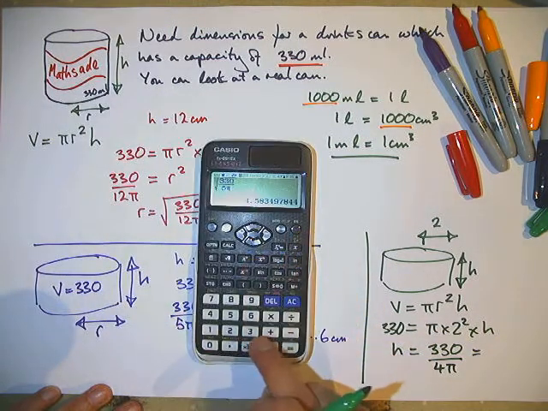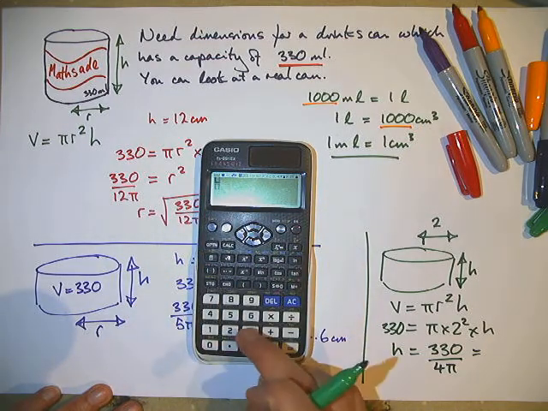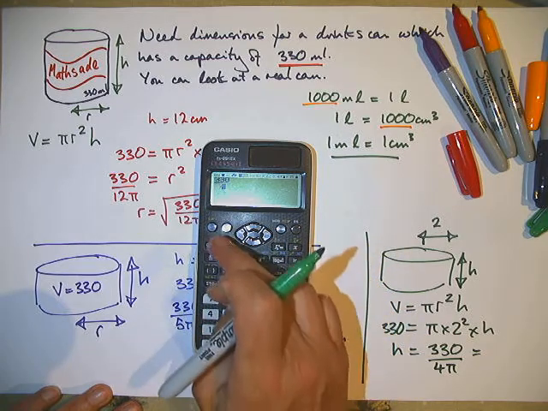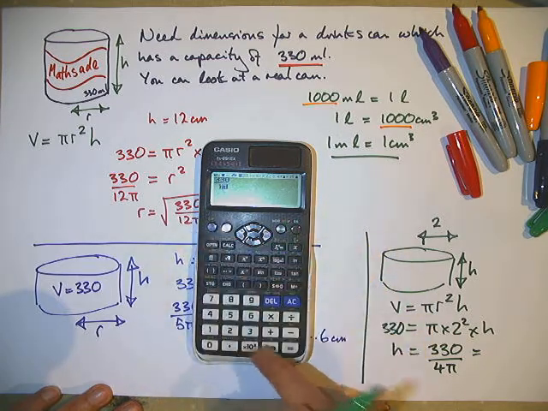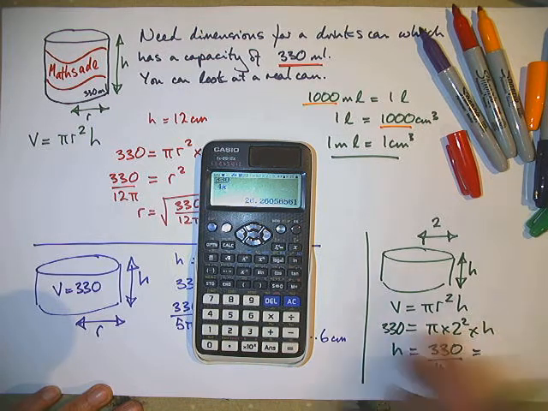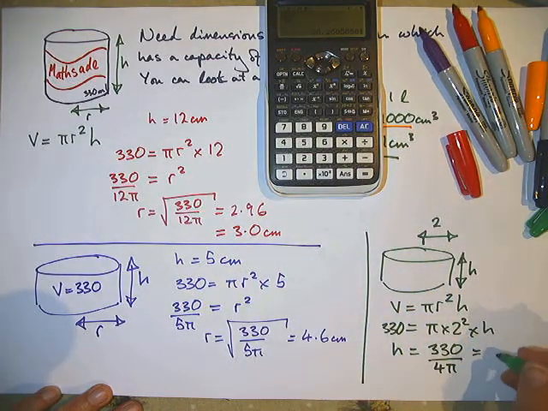So what we get there, I'm going to start from scratch, so I'm going to start with 330 over 4 pi, which is 26. So making this a little bit narrower makes it far taller.